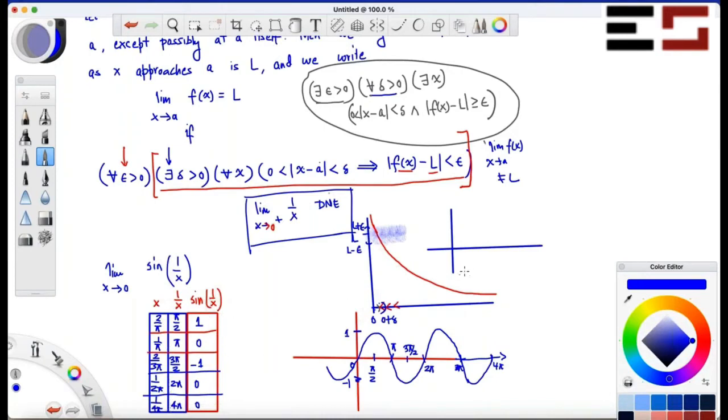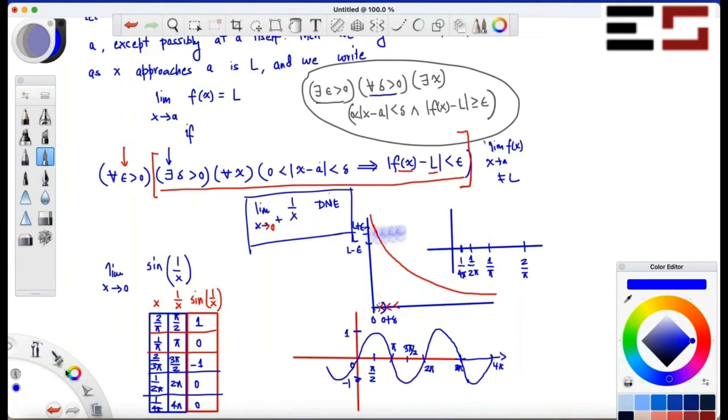This is 2 by pi. 1 by pi will be half of it, so it will be somewhere here. Then 2 by 3 pi is even smaller, and this is 1 by 2 pi. Then 1 by 4 pi will be half of this, and then 1 by 6 pi, and so on and so forth.